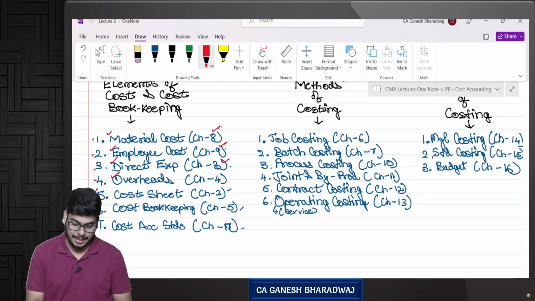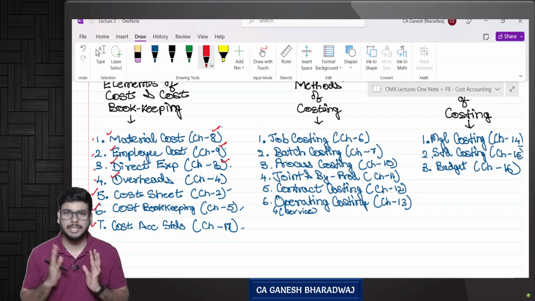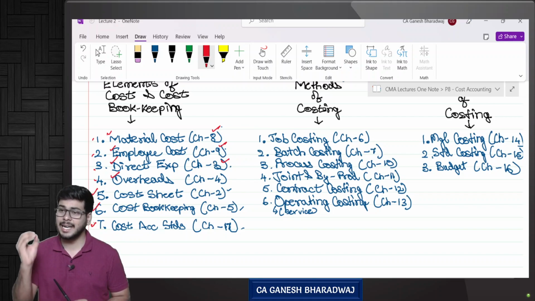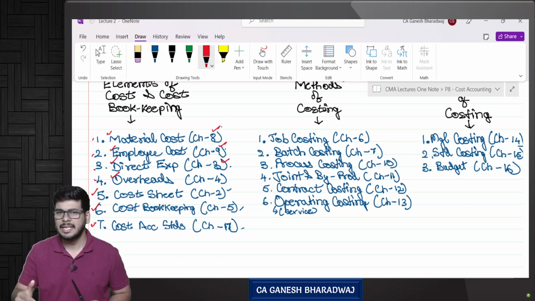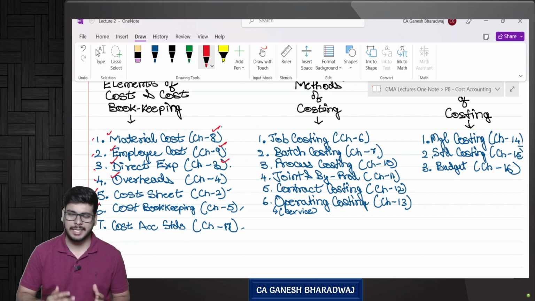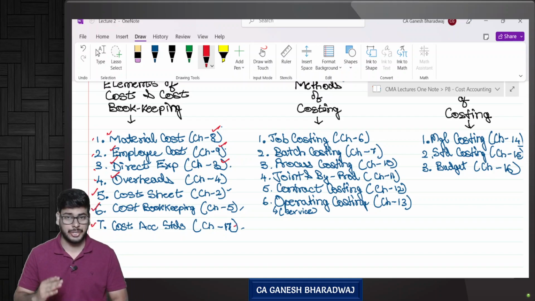The document is called Cost Accounting Standards. To put it in simple words, cost accounting standards is the guiding document that provides all kinds of information regarding the manner of dealing with elements of cost, the presentation and all of that. That is a separate chapter for discussion, which we'll be seeing later in the course of our lectures. Clear with this?